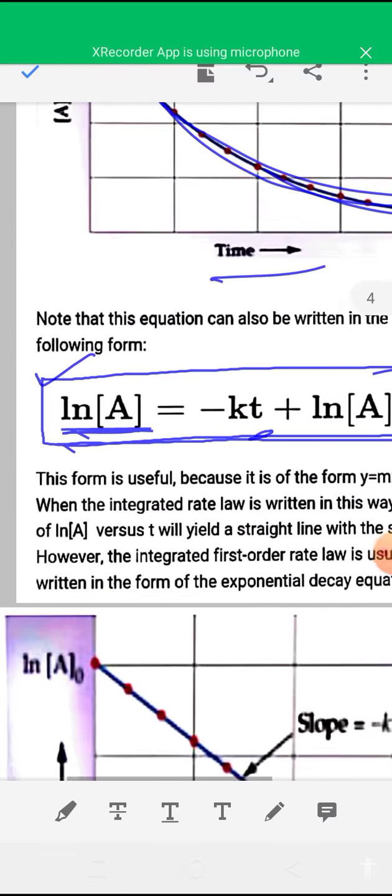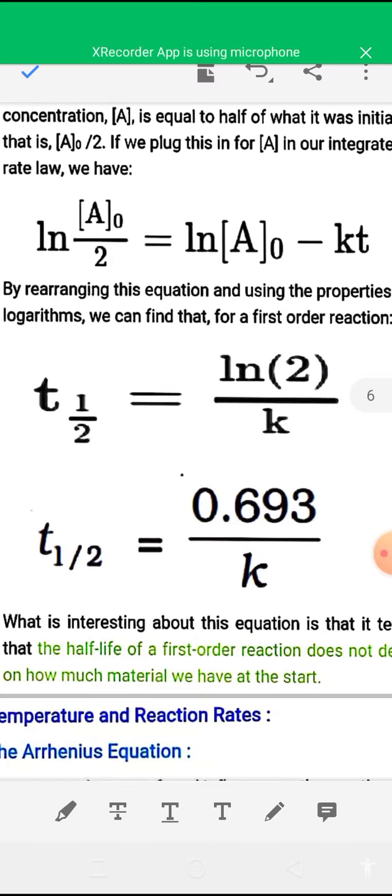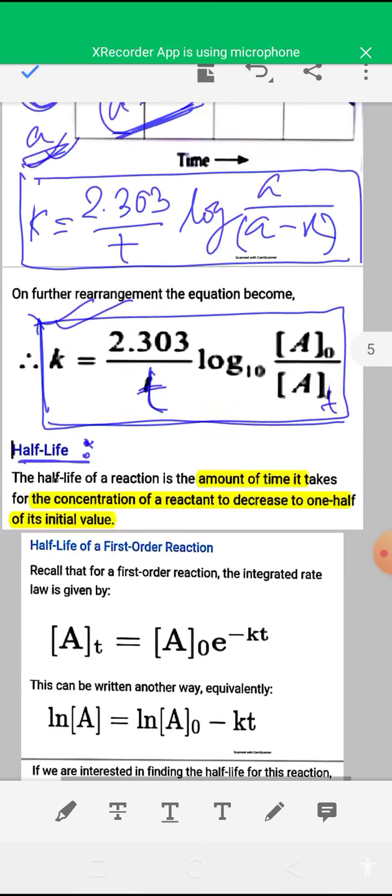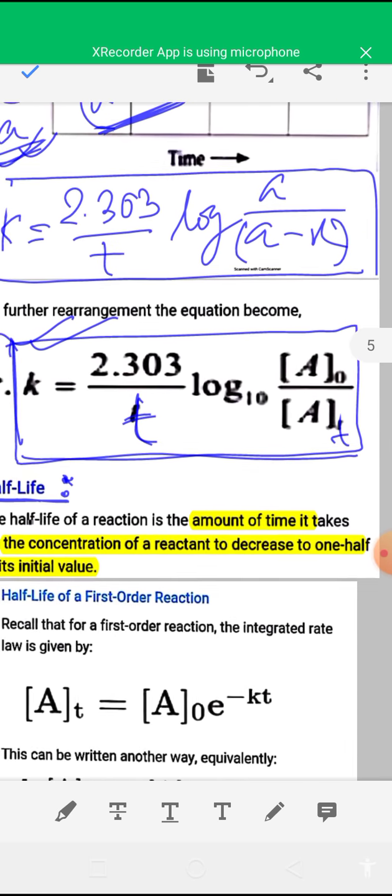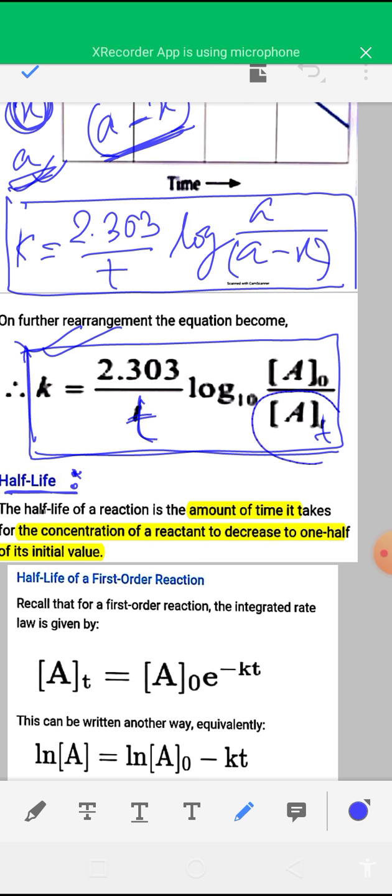Now we have to calculate half-life time for first order reaction. For first order reaction, we know the integrated rate law equation is K is equal to 2.303 by t log a naught by a t, or you can also write t is equal to 2.303 by K log a naught by a t. At time t is equal to t half, the concentration of reactant will be a naught by 2.